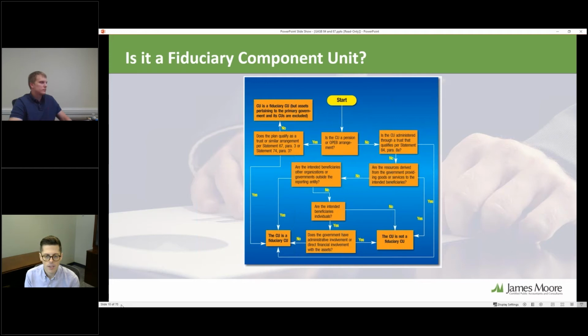As well as moving through this flow chart of saying, okay, if it's not for that type of arrangement, is it an activity that is in a trust? Are those resources own source revenue, or are there services being provided to intended beneficiaries? So again, like I said, I think this flow chart is great for showing the decision tree of whether or not you have that fiduciary component unit to consider.